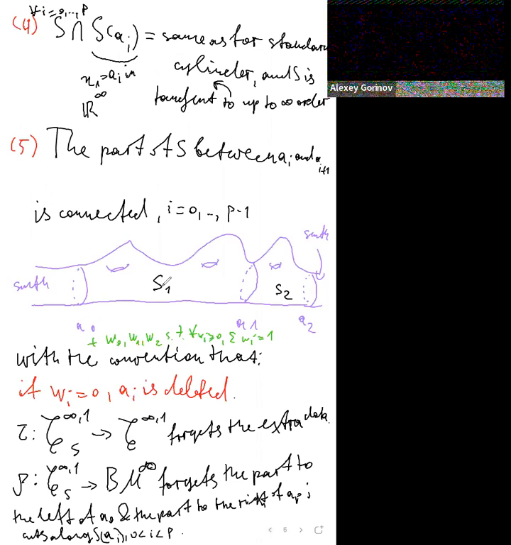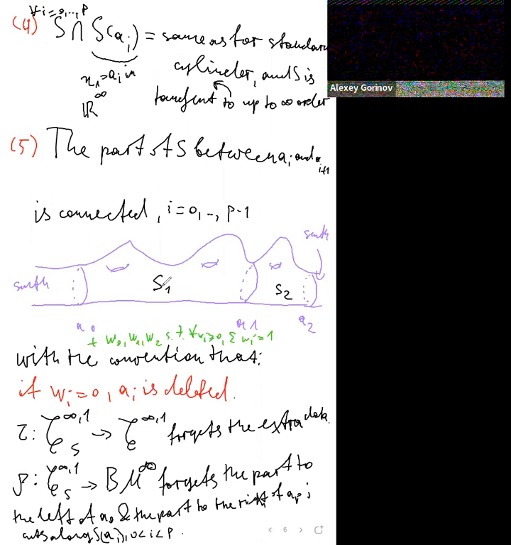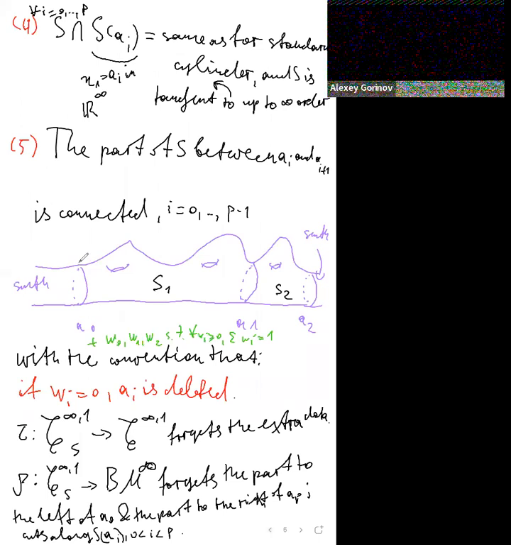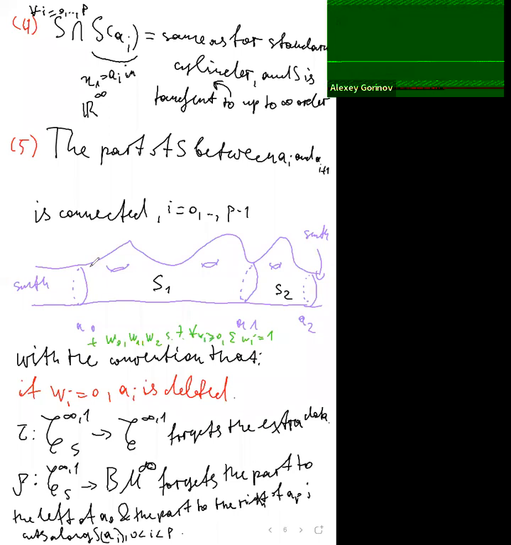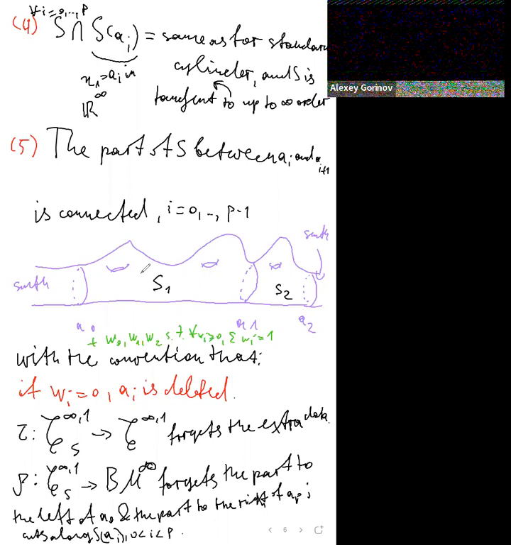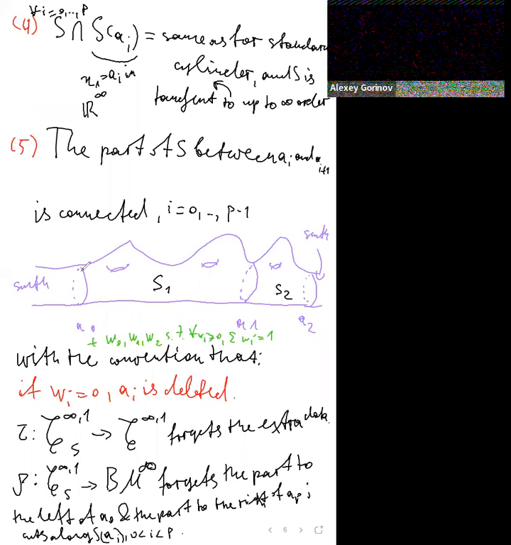So we have a surface plus some extra numbers. When we apply tau, we basically forget about the numbers. Now, what do we get when we apply first rho and then sigma?